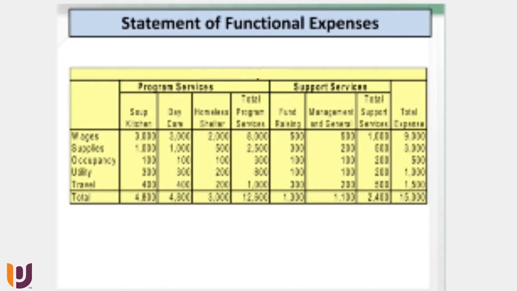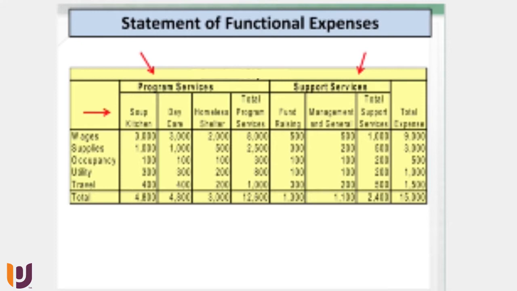The statement of activities, or a note thereto, reports expenses by functional classification, such as program and administration support. Normally, this is a separate schedule. What this means is that you must show the breakdown of expenses between program and administration. For example, the local Salvation Army post runs a soup kitchen, a daycare, and a homeless shelter.